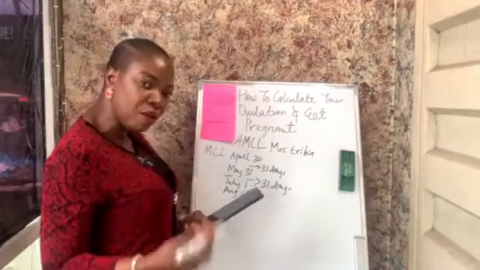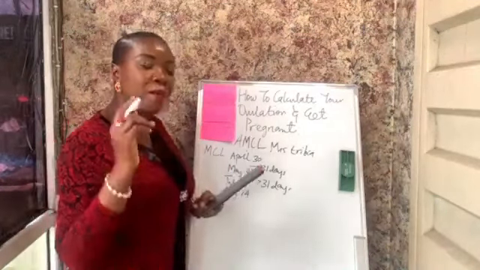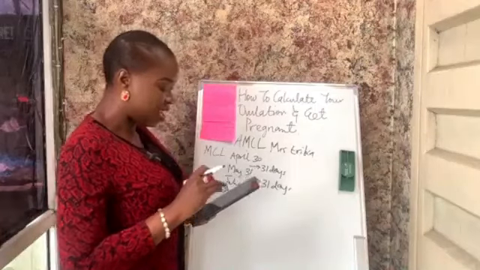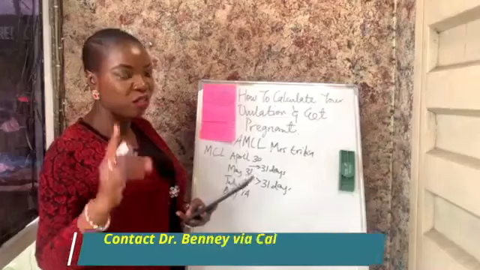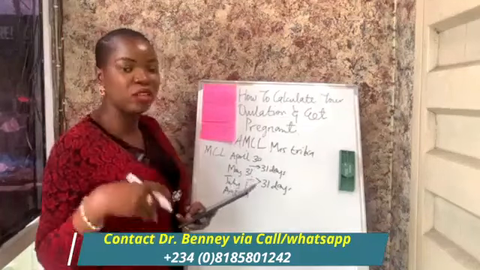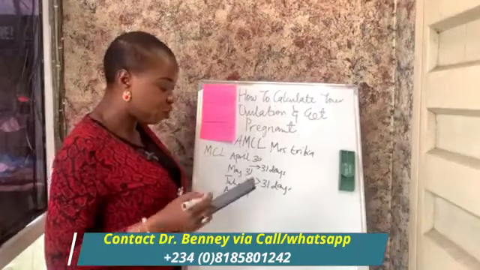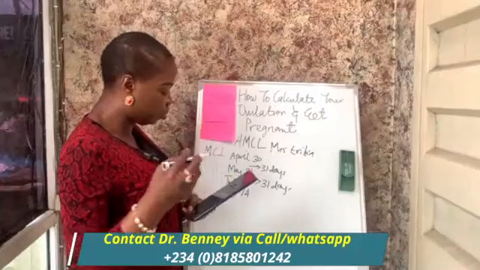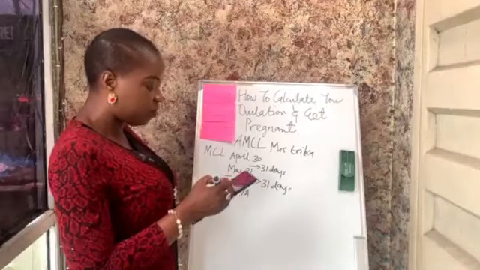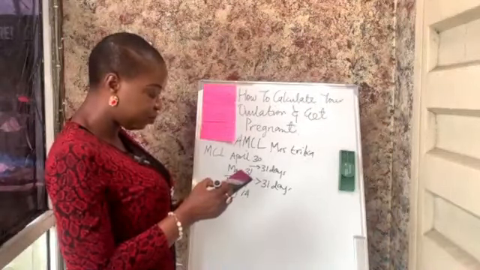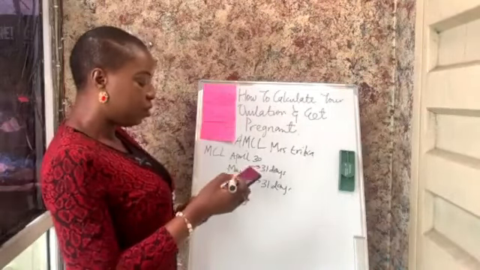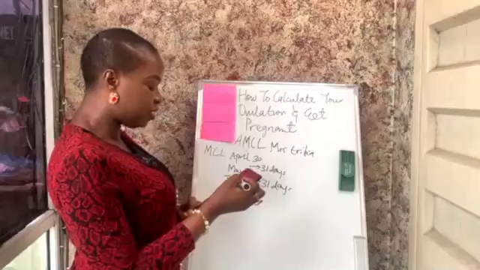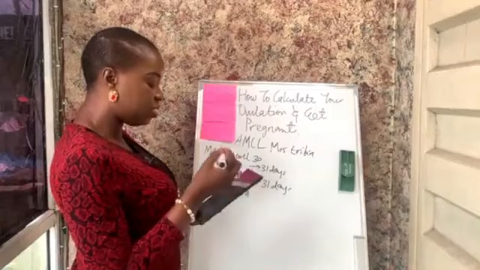Let's count. Remember, 24 hours make one day. So we are going to count from July 1st to 2nd, which will give us 1 day. To the 8th will give us 7 days, right? We'll do 8, 15th. 1st to 8, that's 7 days.